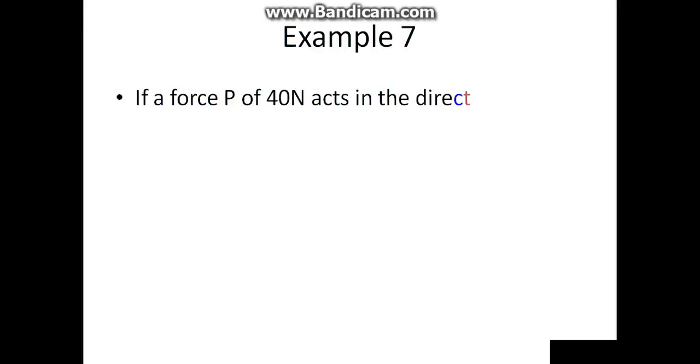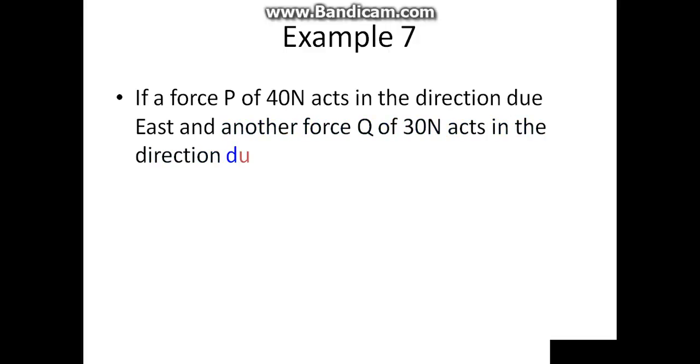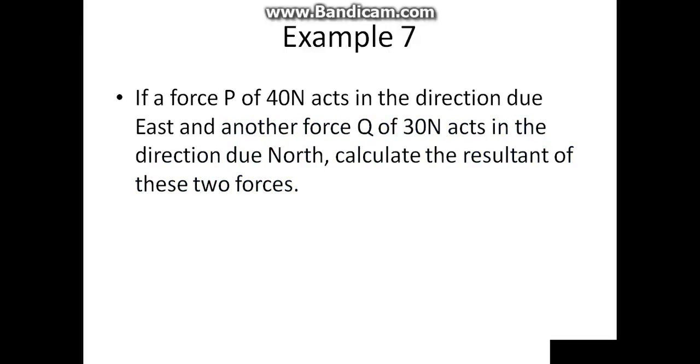Example 7. If a force P of 40 Newton acts in the direction due east and another force Q of 30 Newton acts in the direction due north, calculate the resultant of these two forces. Q is due north 30 Newton, while P is due east 40 Newton.